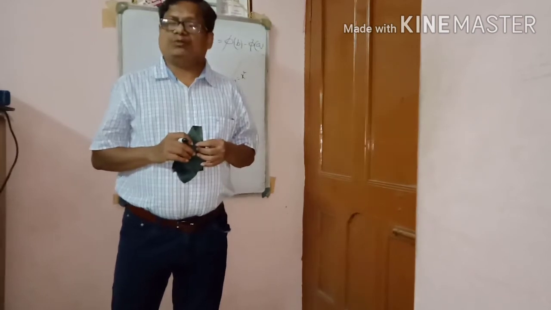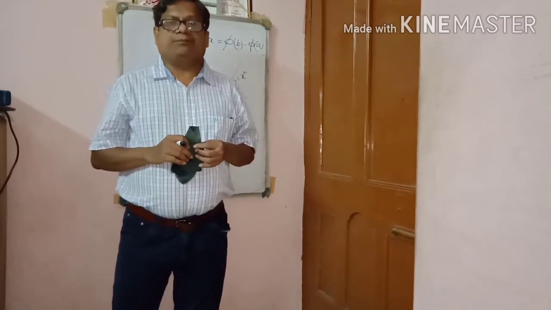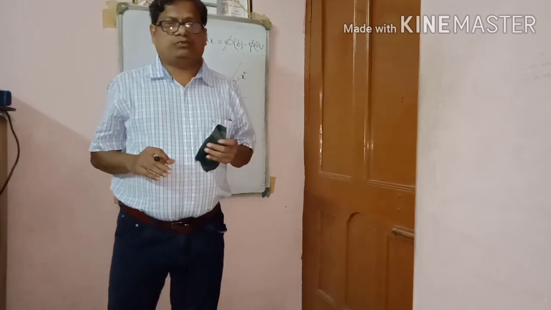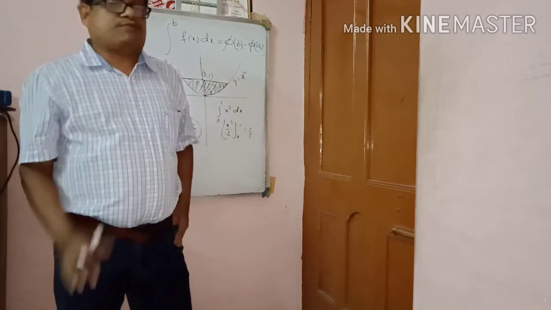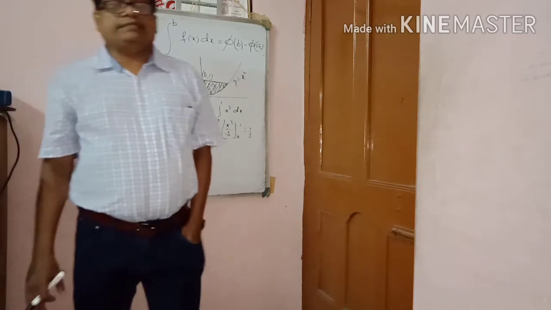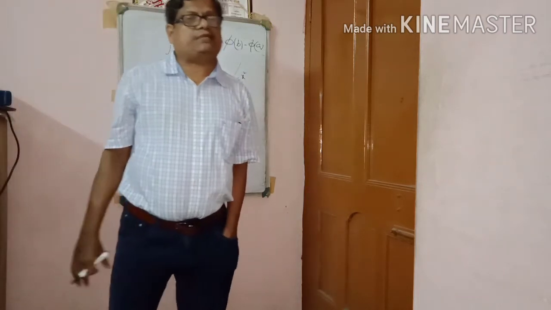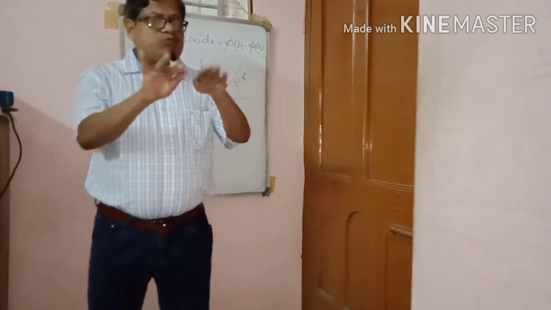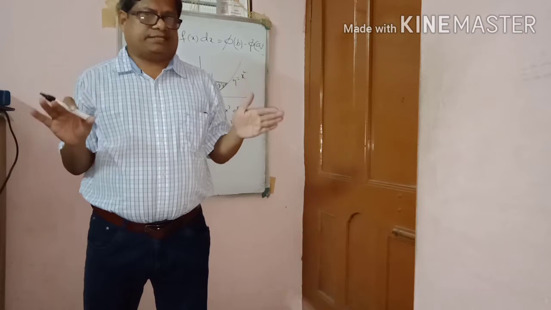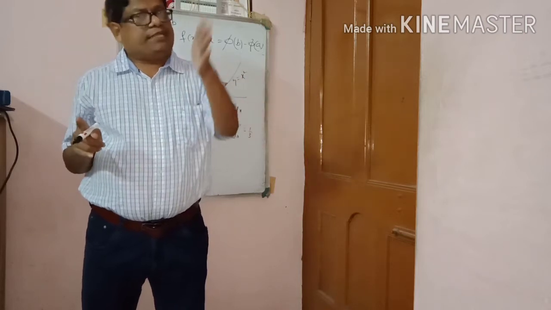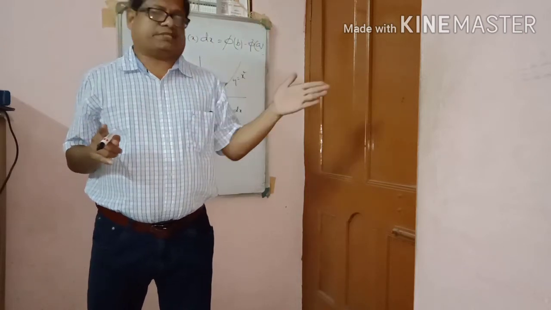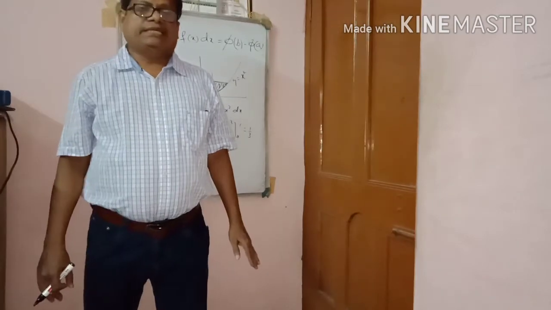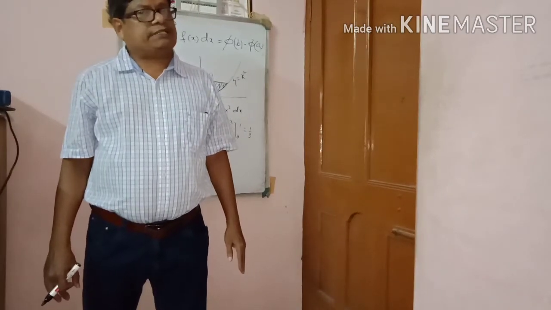Statement, all to remember: if f(x) is a single valued and continuous function in the finite closed interval ab, then there exists a new function phi x such that phi dot x equal to fx, then integration a to b f of x dx equal to phi b minus phi a.